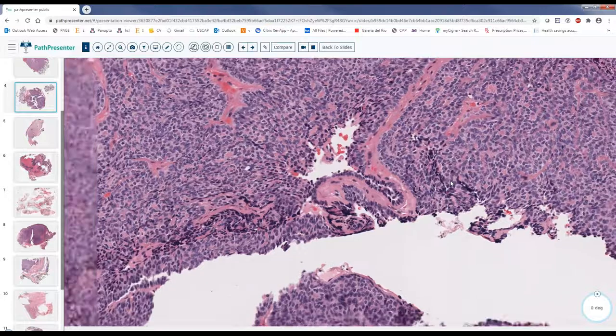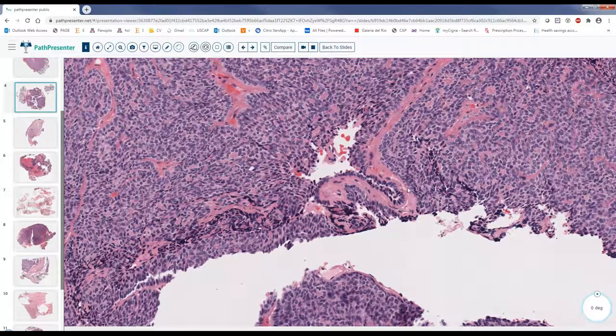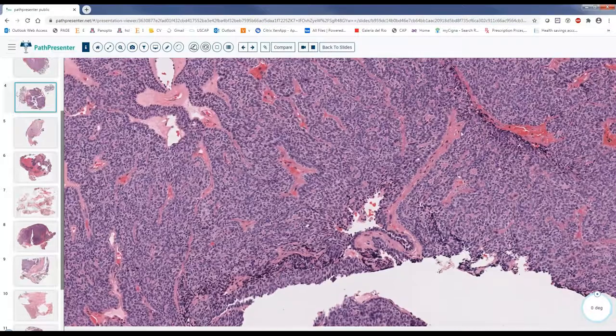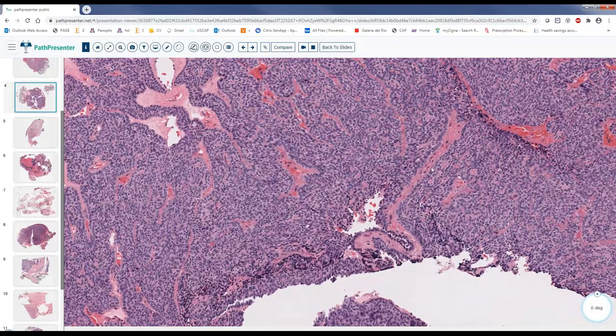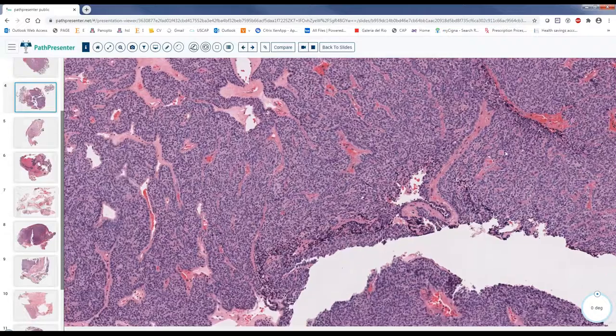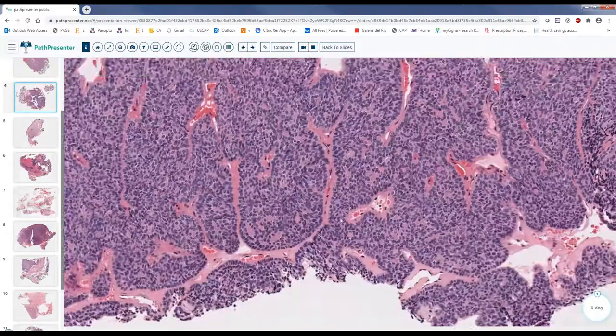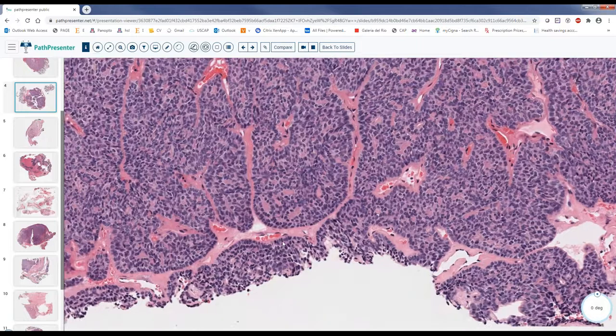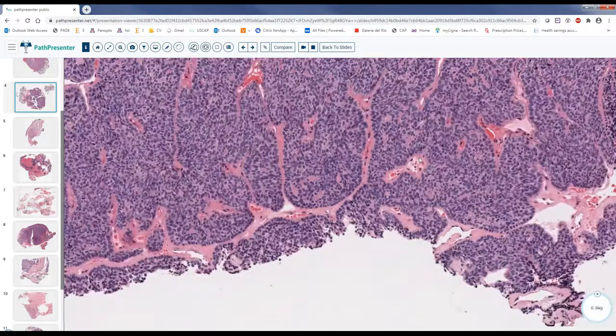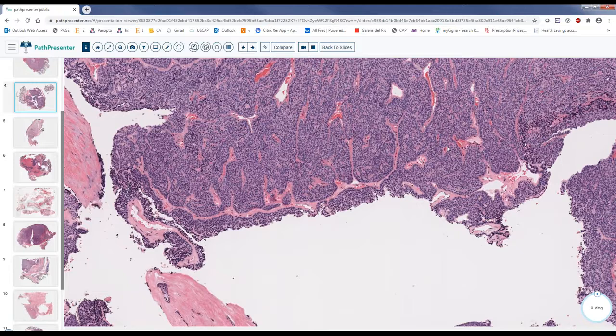Excellent, there is palisading. It is a fibrovascular core, but there is palisading nonetheless around it. You go here or there, palisading. You see this? It's nice palisading. So what's your diagnosis based on what we discussed?